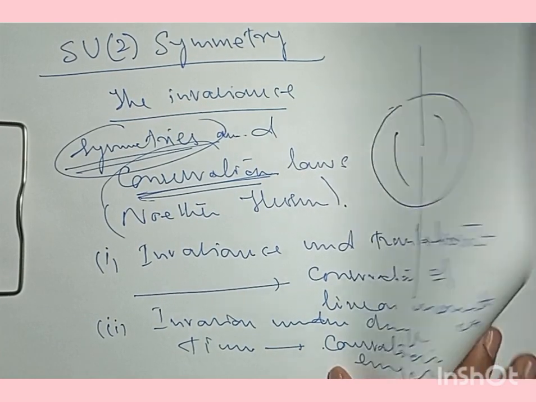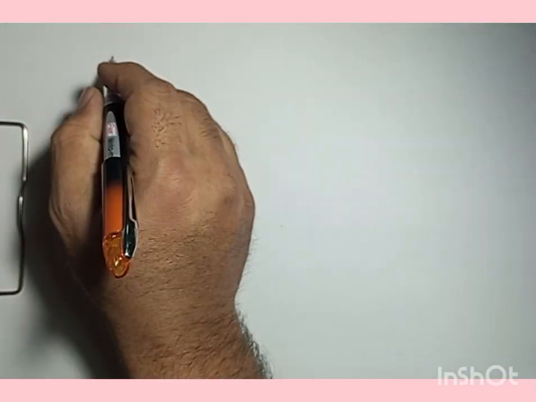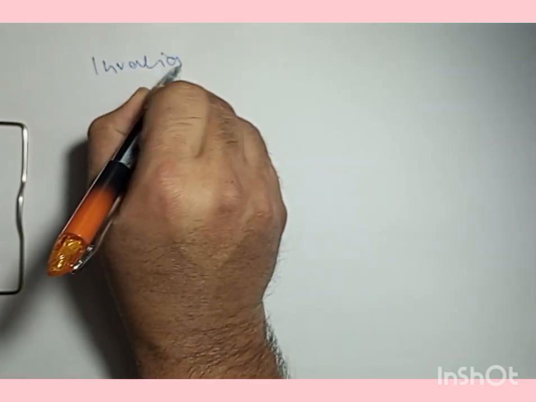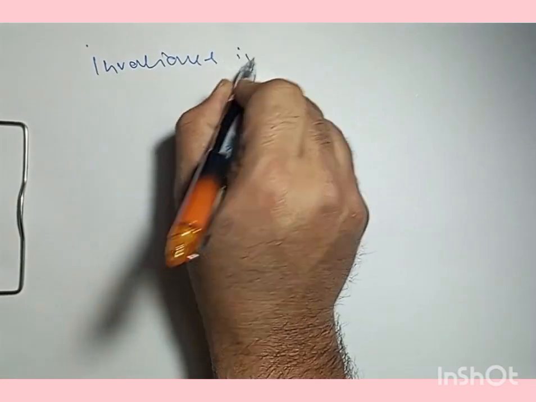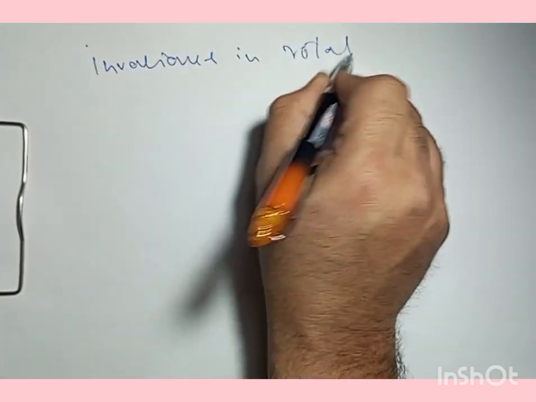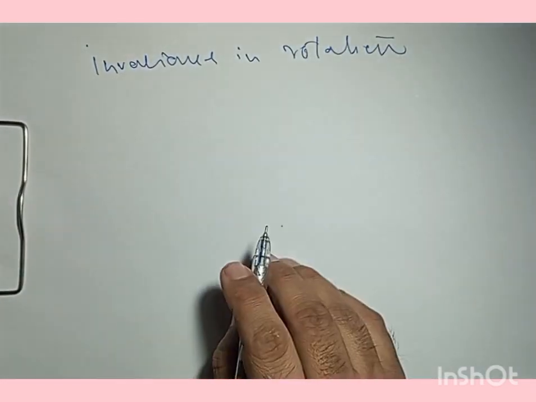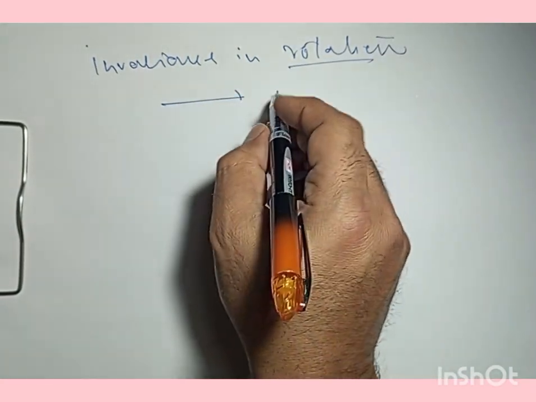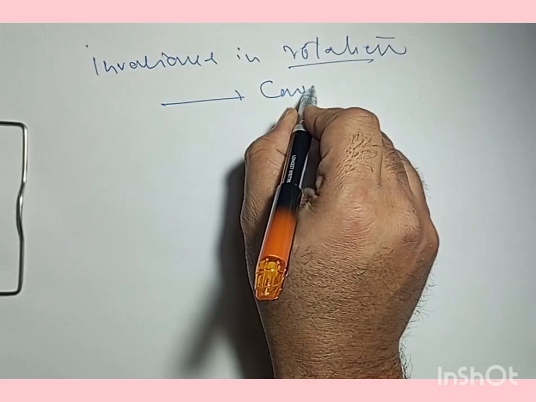And then we can also talk about the invariance under rotation. If we have a system with invariance in rotation, this invariance automatically leads to the conservation of angular momentum.